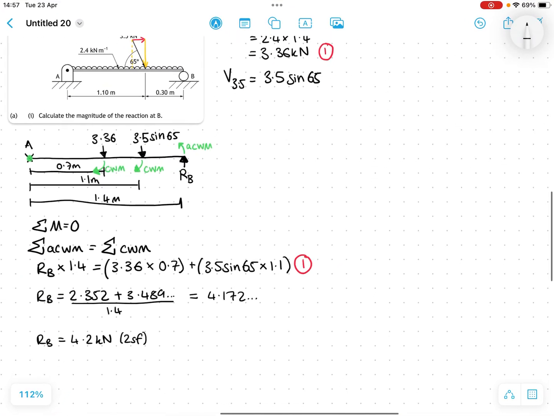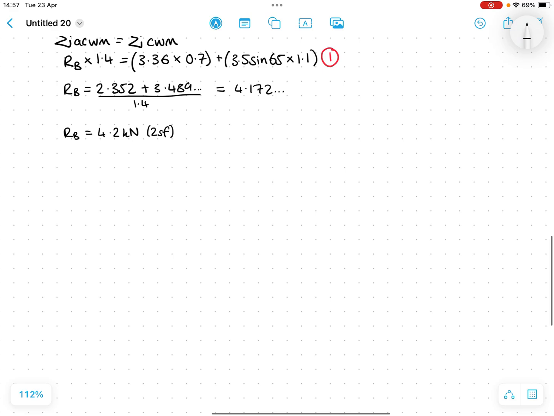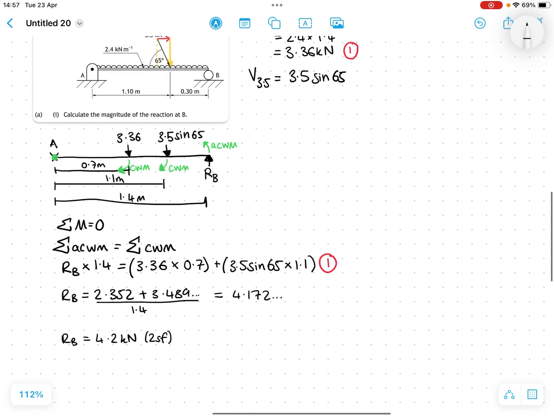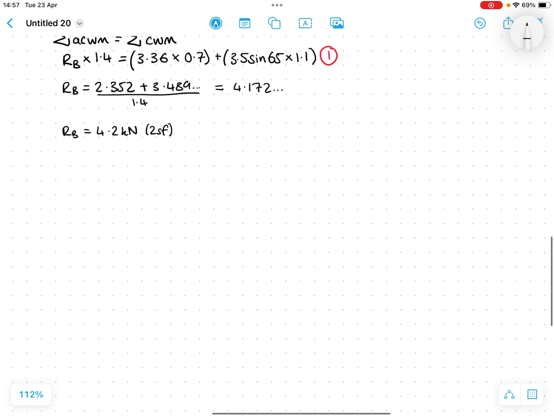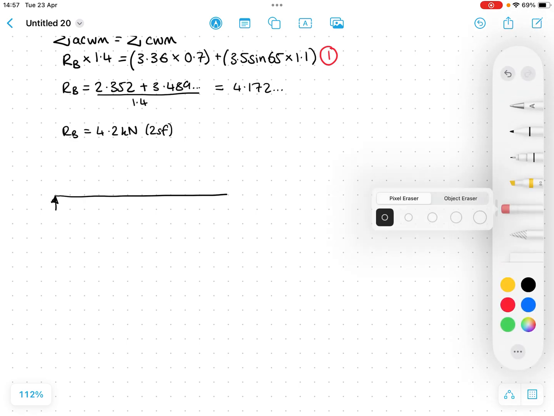So I'll go back to this notepad here. If I now want to redraw this so that I've got the beam and all I know on it, I'm going to have RA, which is my unknown still. Oh, in fact, I'm going to draw that as acting at an angle because it will be.